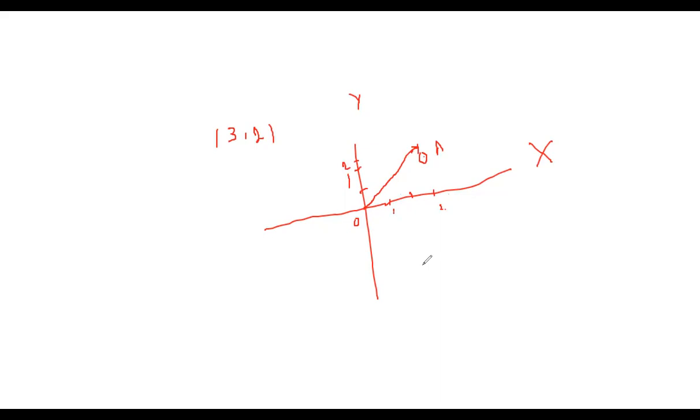If you have to draw the vector in three dimensions, there will be three ordered pair: x, y, and z. This is x, y, z, it's a Cartesian system.